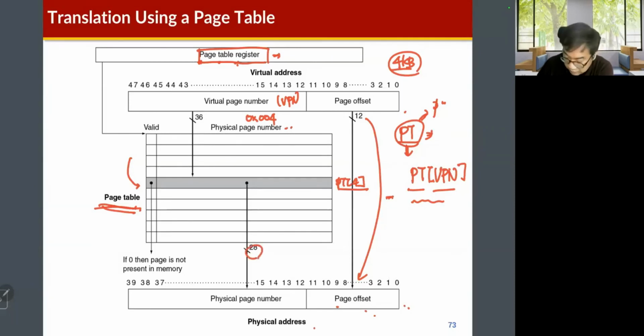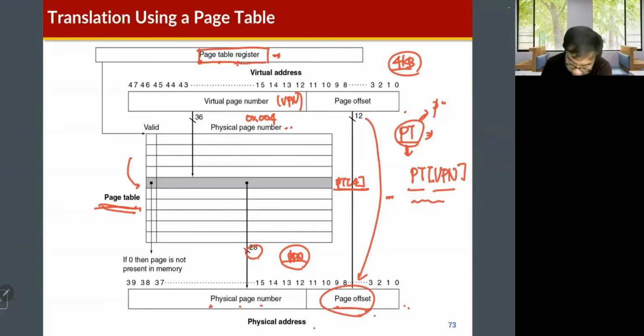Also, this target page table entry includes many flags, many attributes or control bits for the target page. When this page table entry is accessed, we can get the physical page number. So the virtual page number is changed to the physical page number, and the page offset is just copied.